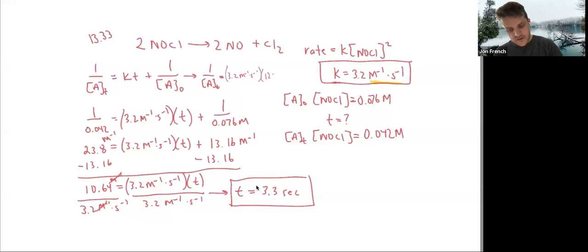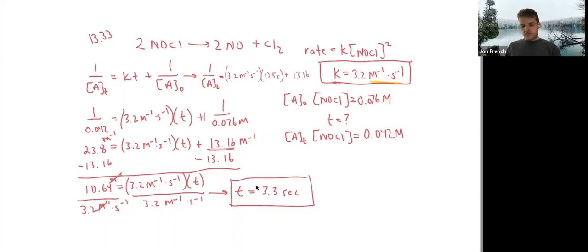My time now is 125 seconds. And then here's my 1 over my initial concentration, I know that's 13.16. So I'll just plug in 13.16 there to save myself the time of doing that division again.